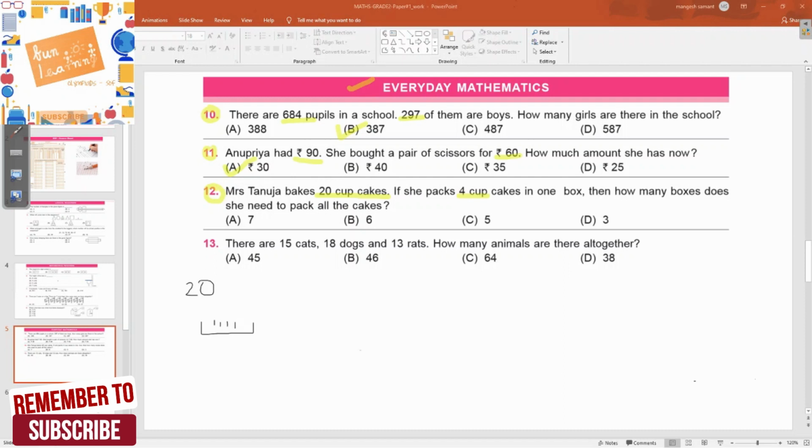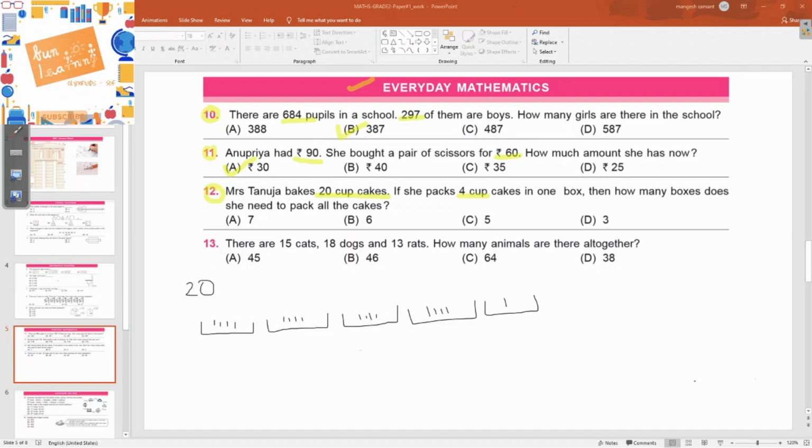So that means we need to make groups of 4. So 4 plus 4 is 8, plus 4 is 12, plus 4 is 16, and plus 4 is 20. So how many boxes did she pack? 1, 2, 3, 4, and 5. So our answer should be 5.